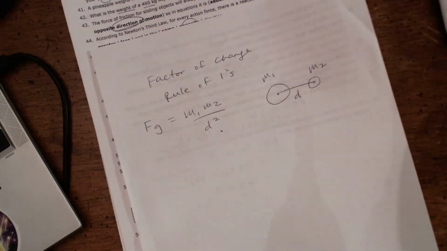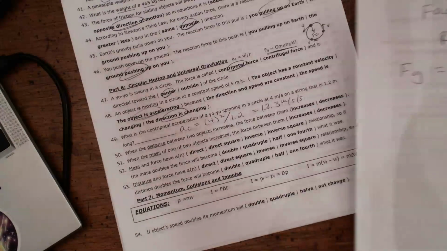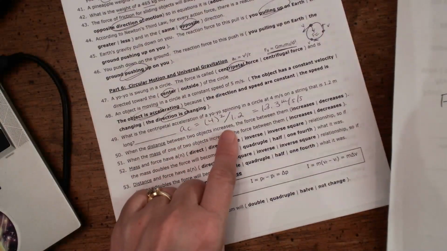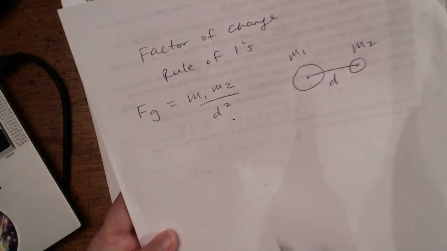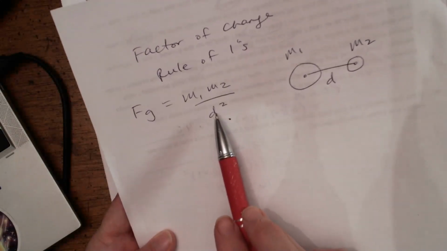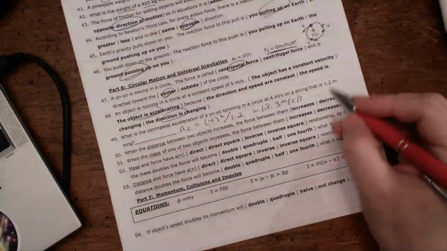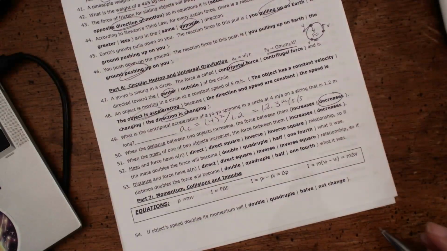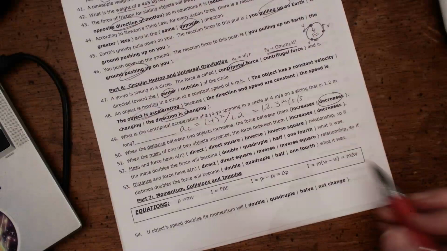So let's go through some examples. When the distance between two objects increases, this number is going to increase. That means that the force is going to decrease. As they get farther apart from each other, they exert less force on each other.